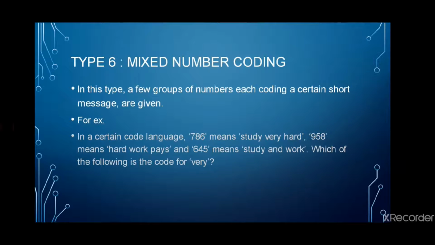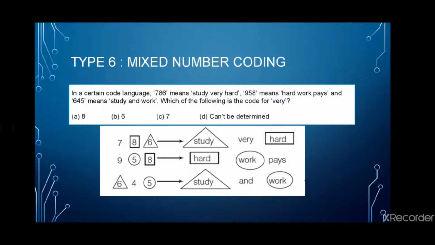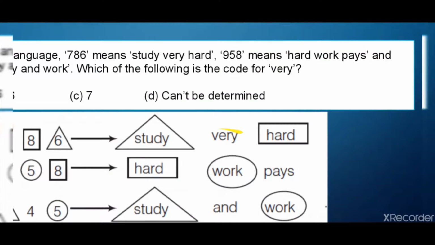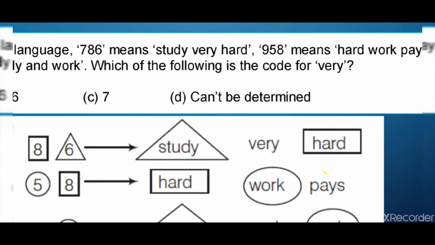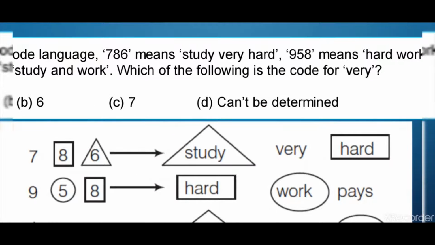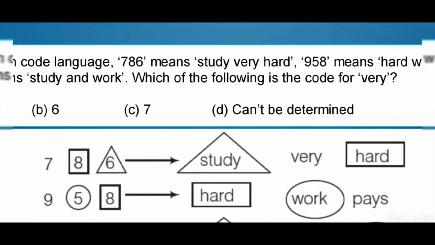Now how to solve it? In the way that we followed in the previous question, we will take any two sentences at one time. I'll take the first two sentences first: 786 and 958 as the codes, and "study very hard" and "hard work pays".